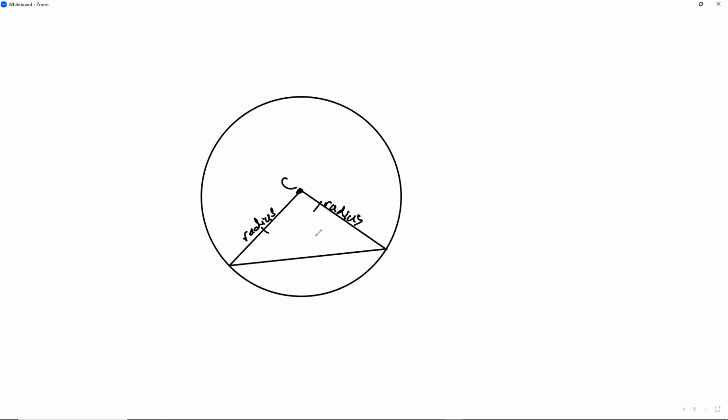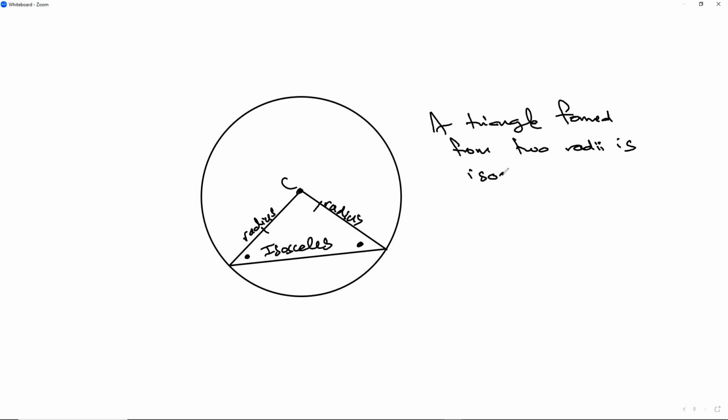So this triangle here ends up as an isosceles triangle. And so this angle will equal that angle over there. So a triangle formed from two radii is isosceles.